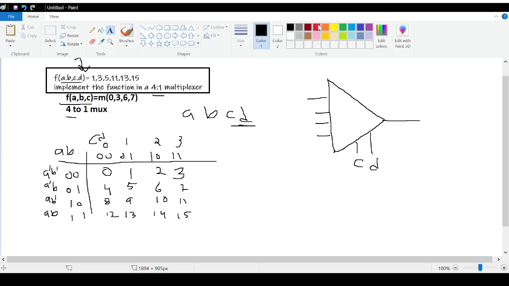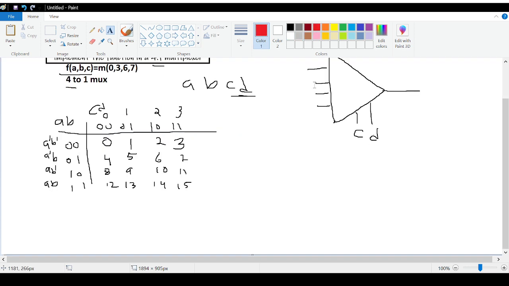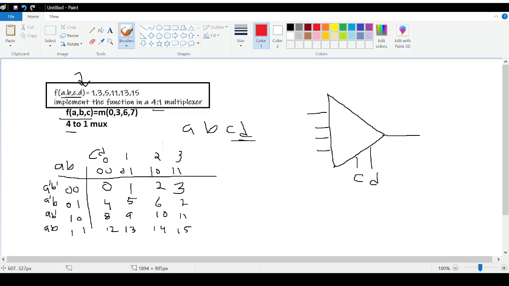After we write the min terms, can somebody tell me what should be the next step after drawing the chart? Guys, what should be the next step? We should mark down the min terms.